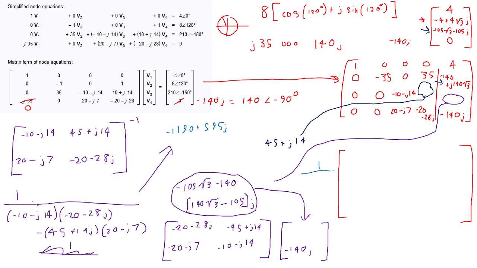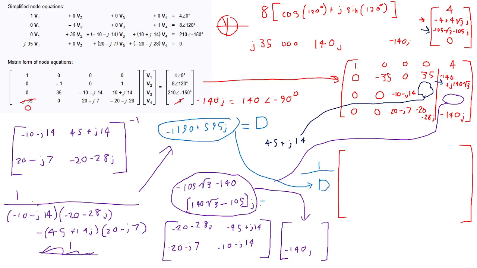Okay, so we're going to take 1 over this. All right, so we're going to call this value capital D. So we're going to calculate 1 over D.